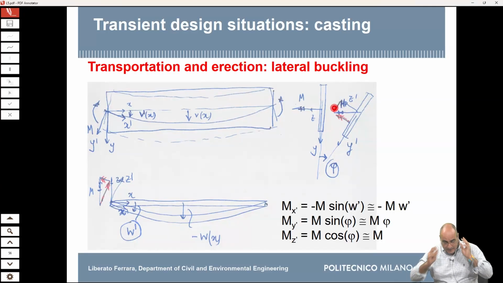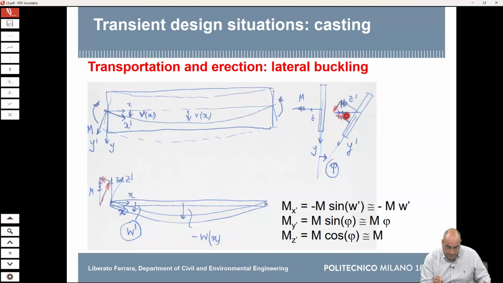So we need to do a little bit of trigonometry. Let's look at this picture here of the cross-section, it's easier. The bending moment M is this one. Originally, it was along the Z axis. Now we want to calculate its component along the Z prime axis. So we have to project this bending moment along this direction.